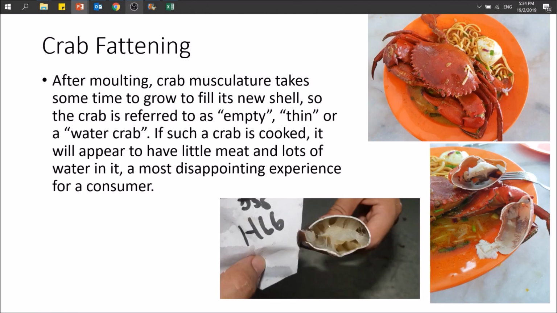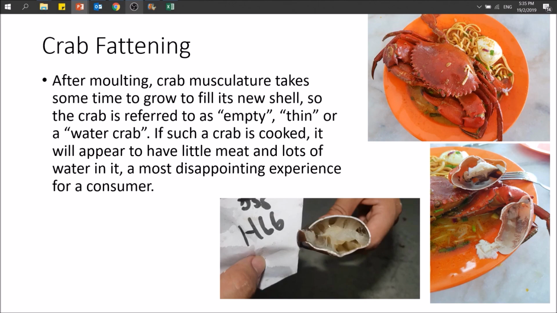The last type of production method is what we call crab fattening. As we explained earlier on, when crabs have just molted and their shells have hardened, typically you are not able to see any difference with the naked eye. But if you use the conventional grading method, as explained earlier on, by pressing onto their shells, you will see that they are usually not full of meat.